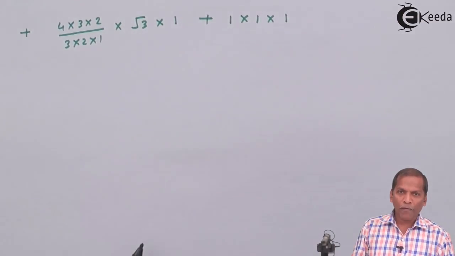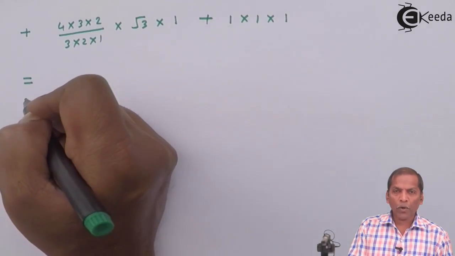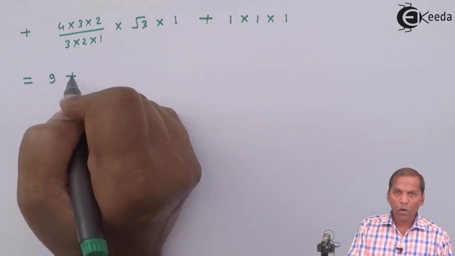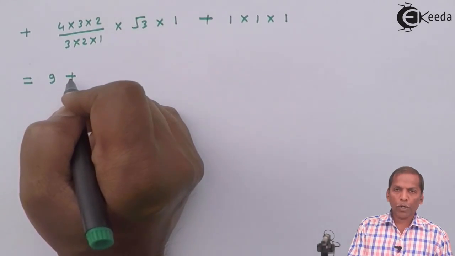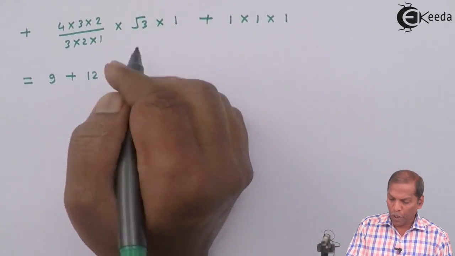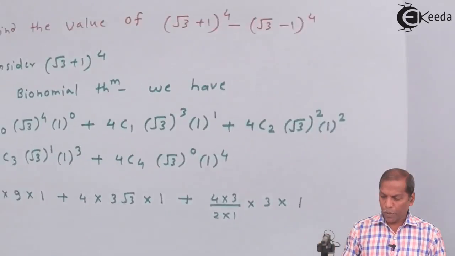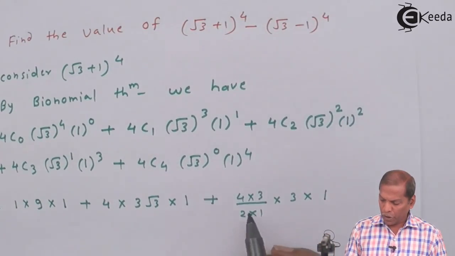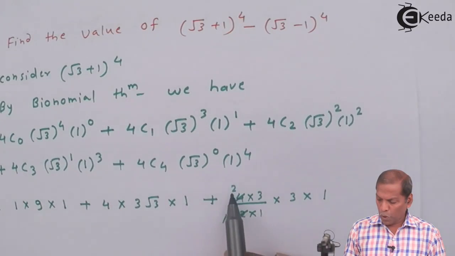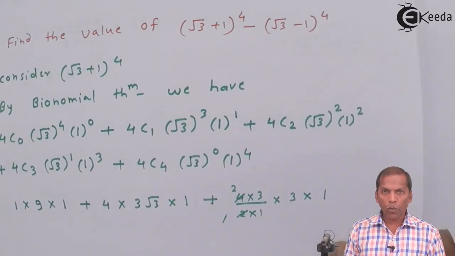So on simplifying further we get 1 into 9 into 1, so that gives us 9, plus 4 into 3 root 3 gives us 12 root 3 plus. Now for next step, here we go for cancellation: 2 ones are 2 and 2 twos are 4. So 2 into 3, 6 into 3, 18 into 1, 18.